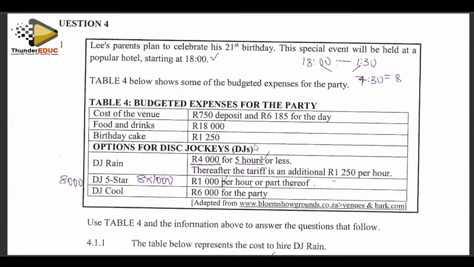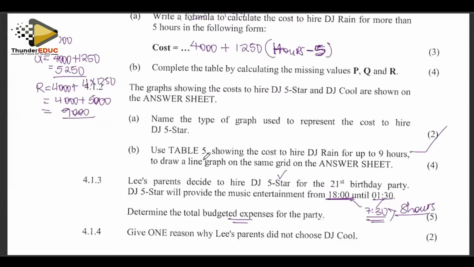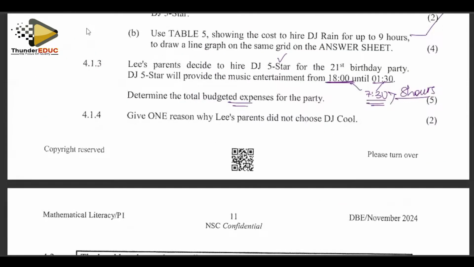Then add on these other values here. We are looking at budgeted expense, not exact use, but actually it becomes like that. So we are saying the DJ is going to ask for 8,000 plus we have the deposit of 750.